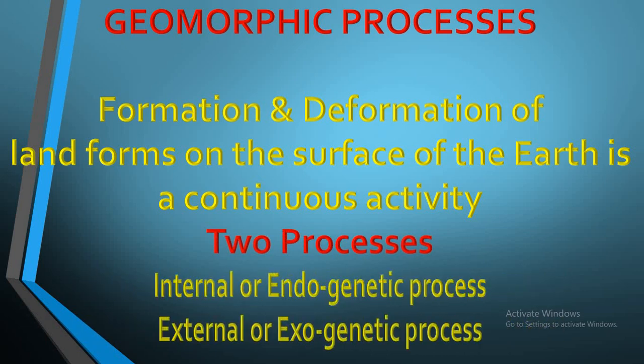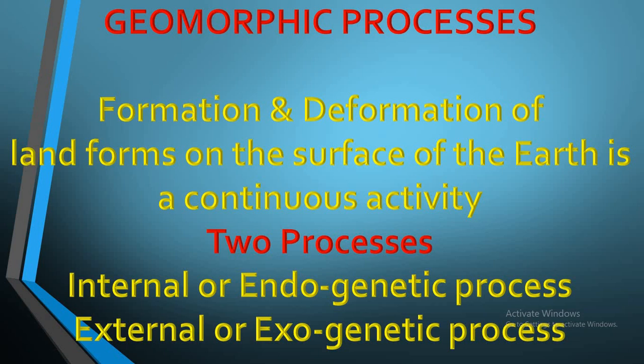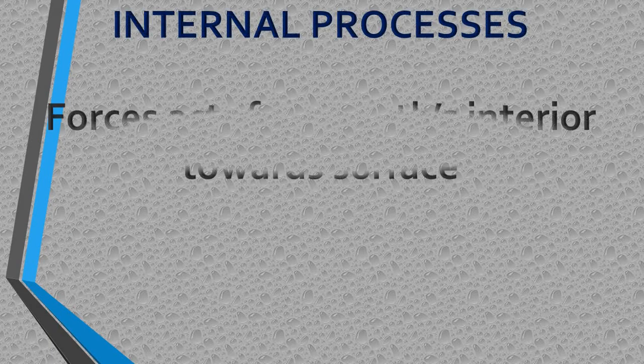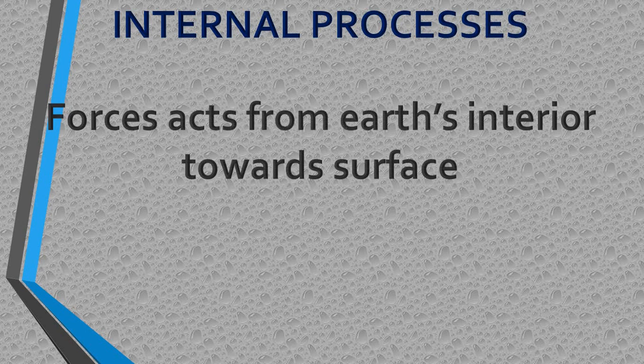One is internal processes, otherwise called endogenetic processes, and the other is external processes, otherwise called exogenetic processes. What are internal processes? The force that acts from the earth's interior towards the surface of the earth is called internal processes.